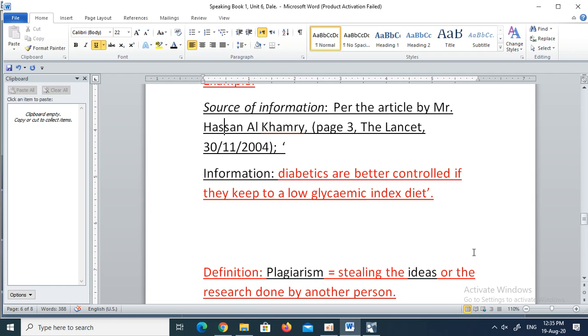I cannot tell you it is my own idea. If Mr. Al-Khamri did the research, I have to tell you Mr. Hassan Al-Khamri did this research and he told us about it in the Lancet on that date.